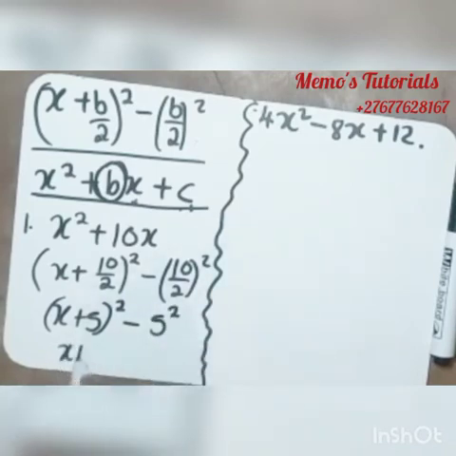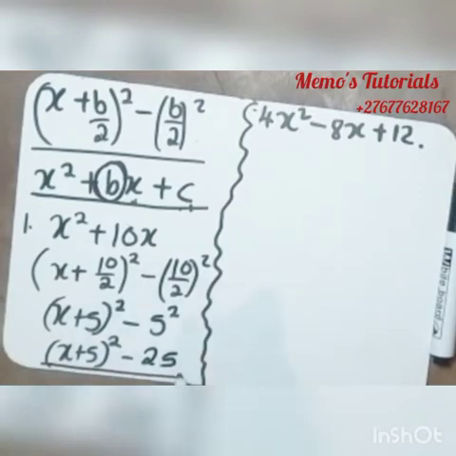We know 5 to the power 2 is 25, right? So our final answer here is (x plus 5) all squared minus 25.